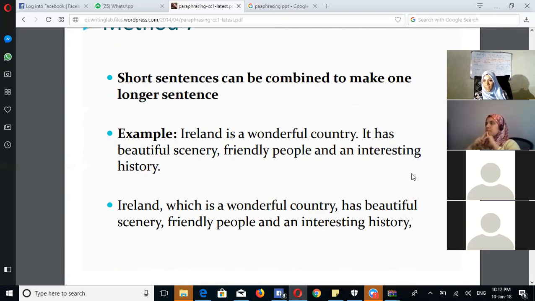Okay? So you mean we have to make the sentence more complex? Yes, not to make it simple, but longer and more perfect, more like an English native speaker.